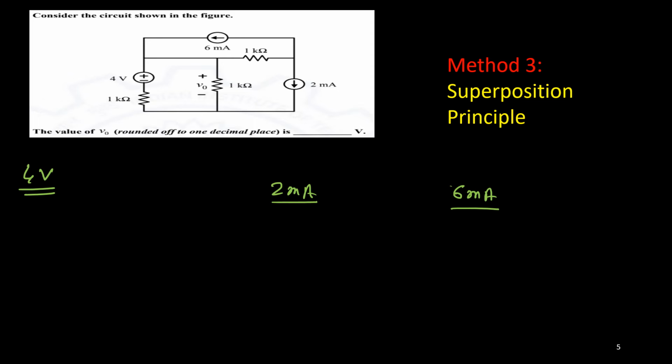So now when this 4-volt is acting alone, this current source is open, this 6 milliampere is open, and this 2 milliampere is open. So as they are open, this 1K is also open circuited. No need to draw this 1K. Okay, it's open. So you see the circuit. This is plus minus, this is resistance, and this end is open.